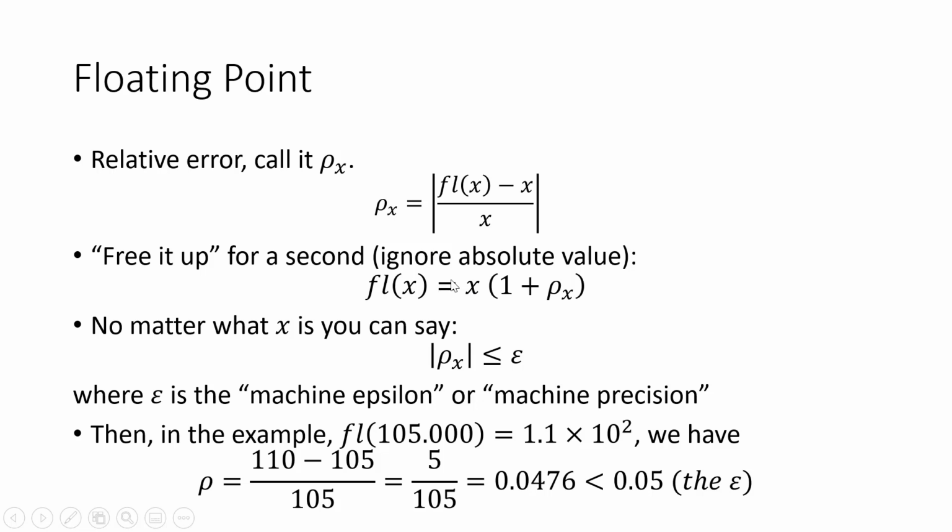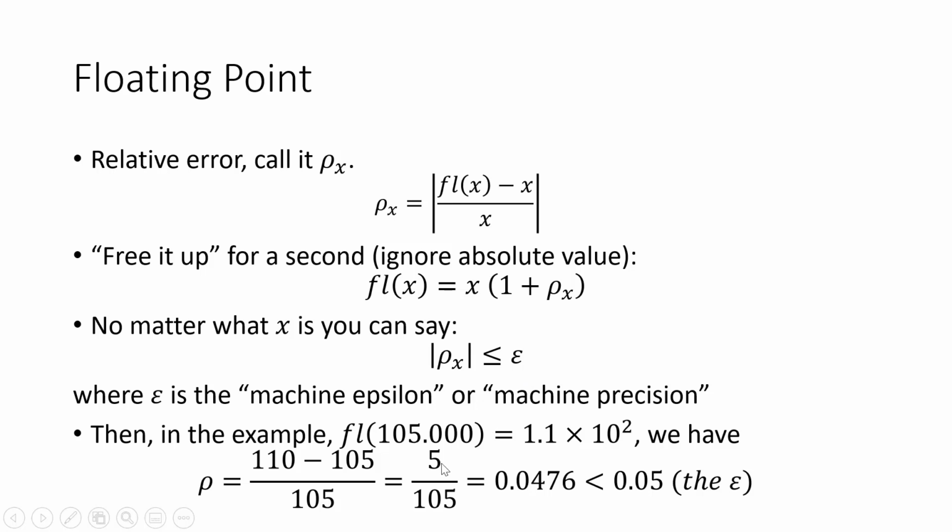So free it up means that you remove the absolute value and then you rewrite it in this way, and so basically you multiply it through by x and then regroup. So this is another representation of the floating point value of x, relating it to the original true value x and then whatever the error is, and that error is going to be less than the machine precision.